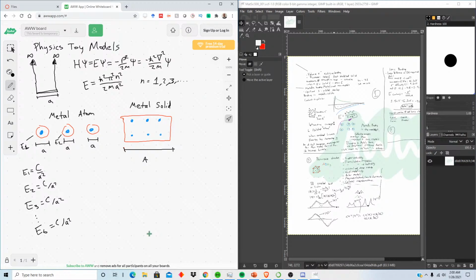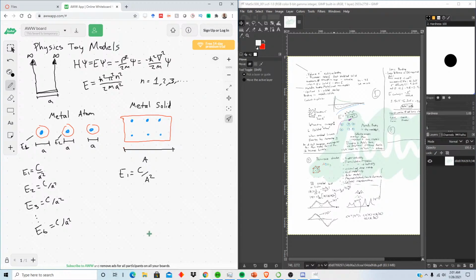And so now, if we were to compare these electrons in here, right? Let's just say there's 6 electrons here. But for one electron, now this one electron has the same constant. Rather than A squared, it's going to be big A squared, right?